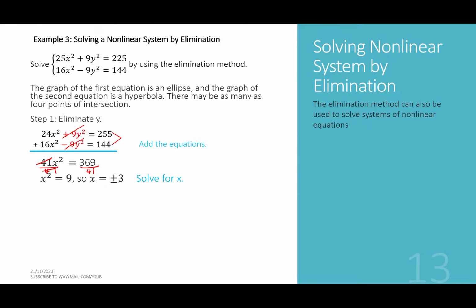Then x square will be equal to 9. So x is plus and minus 3. Now we will substitute the value of x one time as 3 and one time as minus 3, and we'll get the value of y as we are doing here.